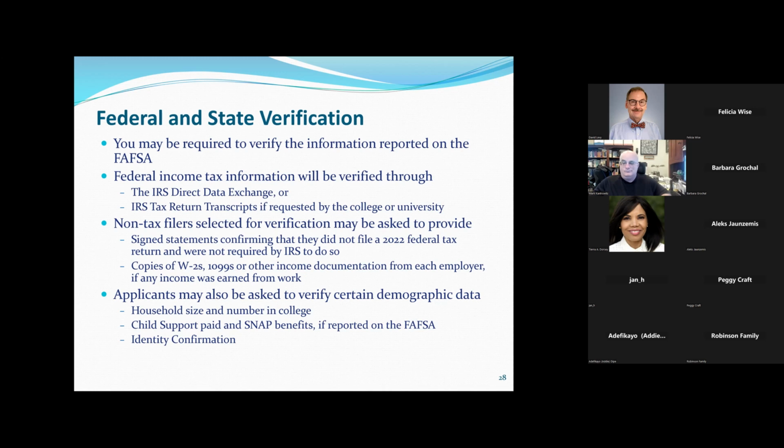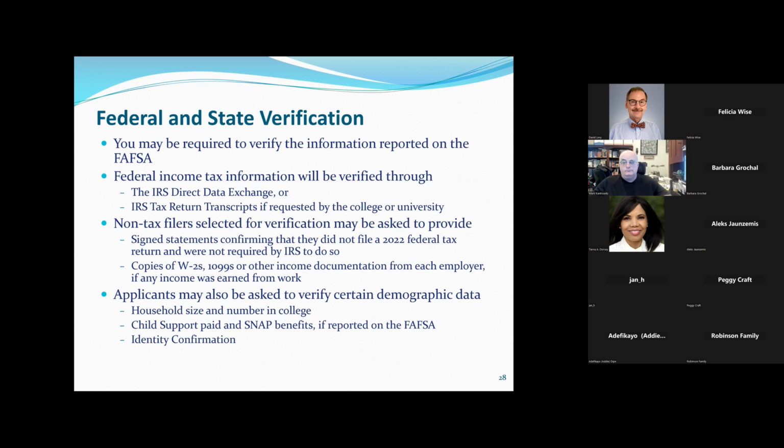Non-tax filers selected for verification may be asked to provide a signed statement confirming that they did not file a 2022 federal tax return and were not required by the IRS to do so. They may also be asked to provide copies of W-2s or other documentation from each employer if any income was earned from work.